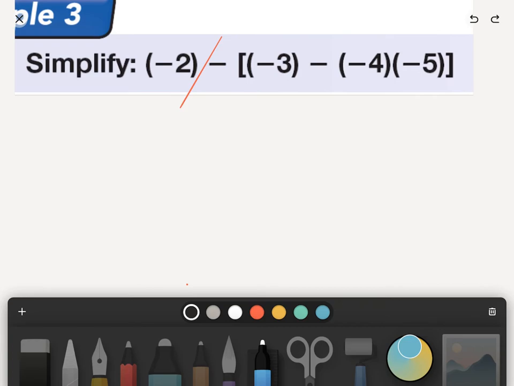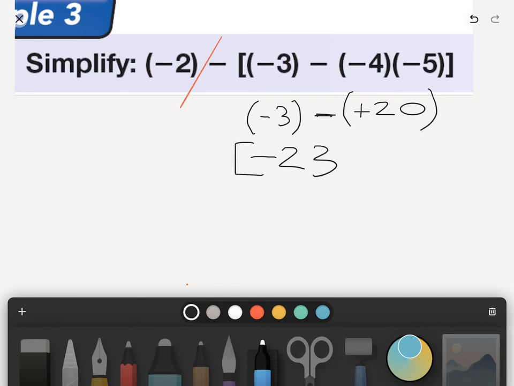So -4 times -5 is going to give us a value of +20. However, we are assigning a negative value to that. And so it's -3 minus +20 gets us to -23.